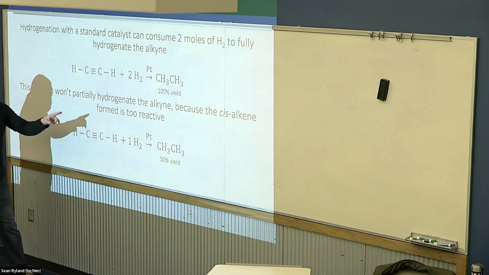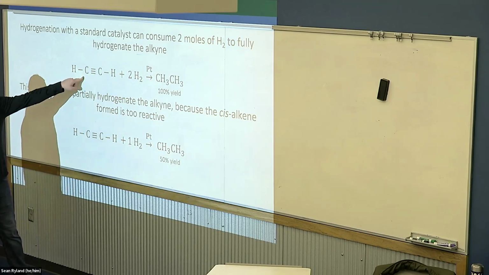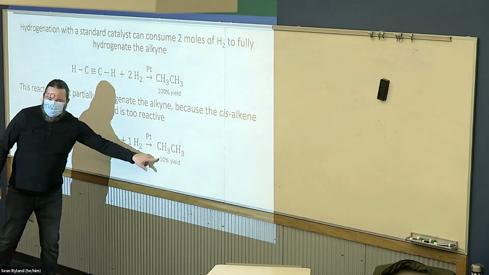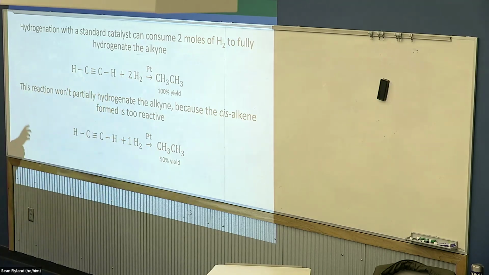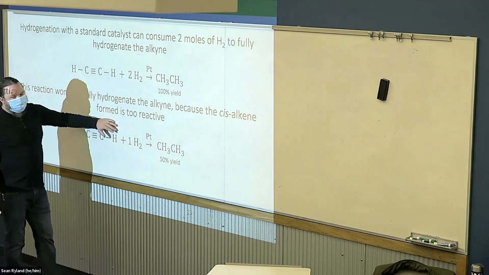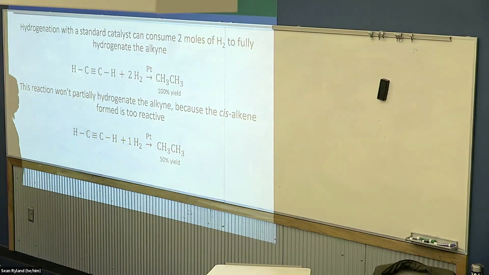So if you try to do it with one equivalent of hydrogen, you get 50% unreacted acetylene and 50% fully hydrogenated. So we can't really stop it at ethene just by controlling the amount. It has to go all the way to ethane.